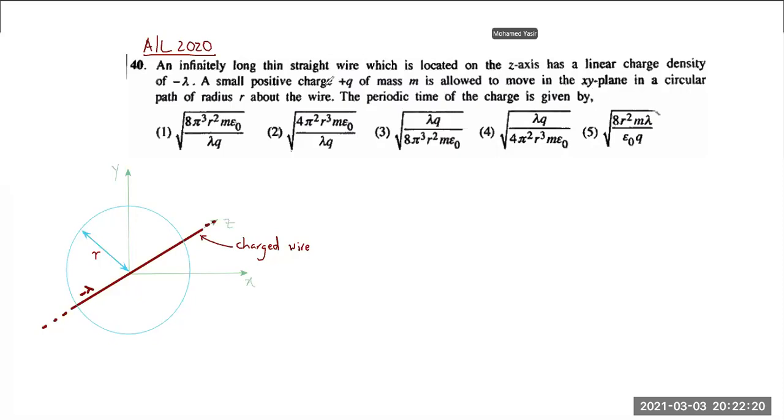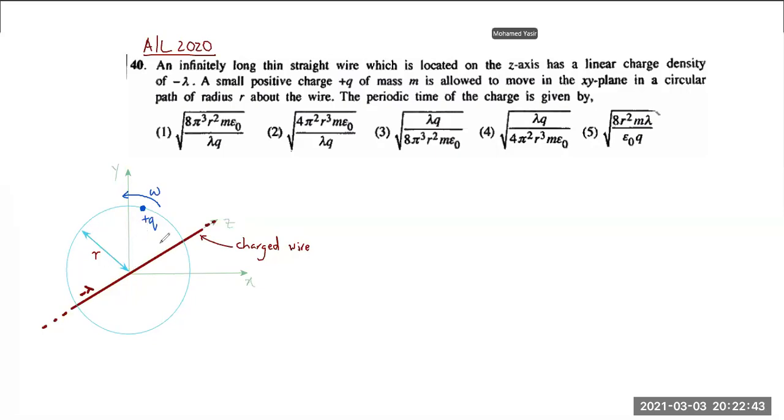And what is moving along the circular path? A plus q charge is moving, so let me mark that. And what is the question we have to find out? Periodic time. So if there's a plus q charge moving along a circular path, what is the meaning of periodic time?